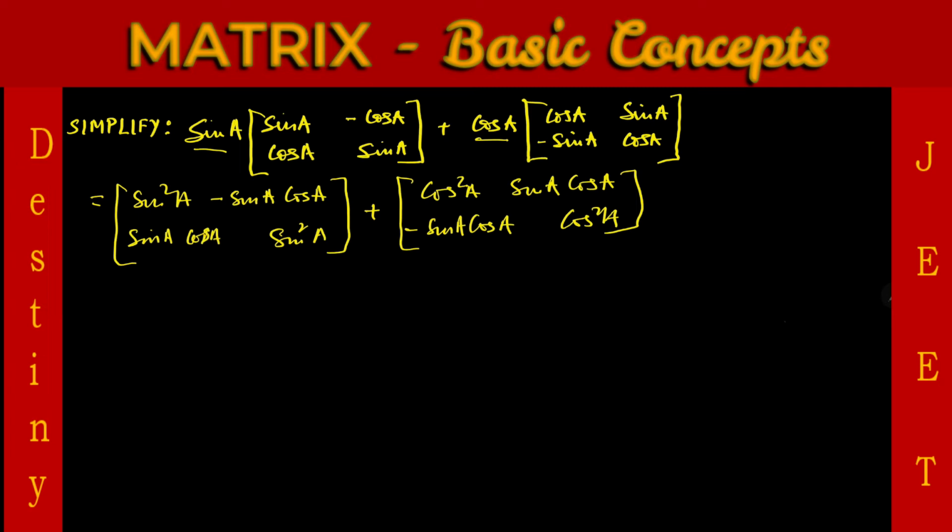What do we get from this? We can add these two matrices. Why? Because they are of the same order. If they are of the same order, we can add them. Okay, let us add now.